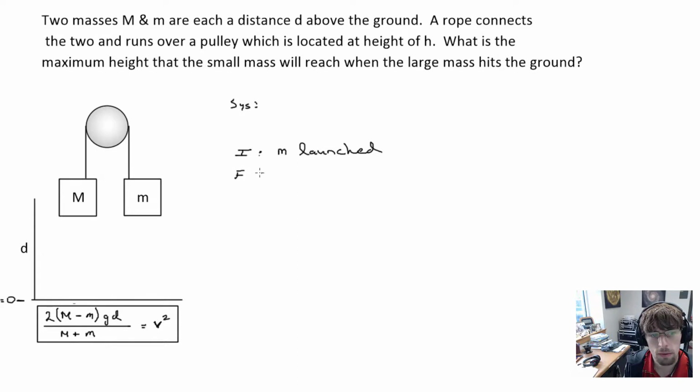And the final state will be little m stopped. We don't care how it got up to speed. We just know now that it has been launched. So up here, we're going to use little m and the Earth.